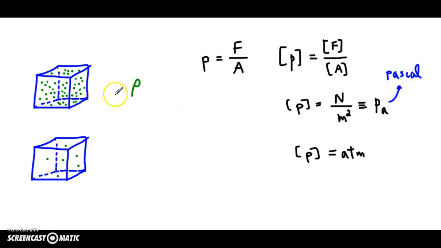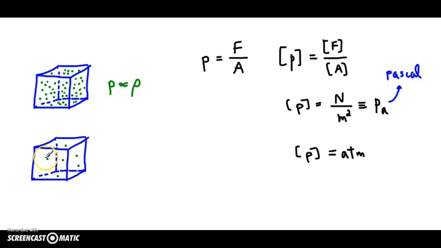When you increase the density, as long as you don't change anything else, then you're going to have a lot more little molecules exerting force against the walls. And so then the total force, F, the total average force, would be much higher on average. So the pressure is directly proportional to the density of the gas.